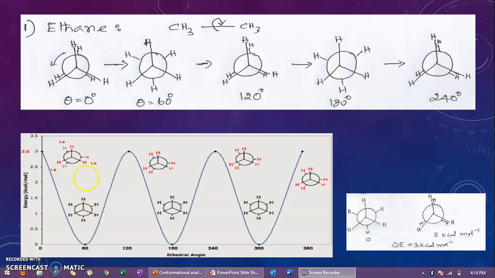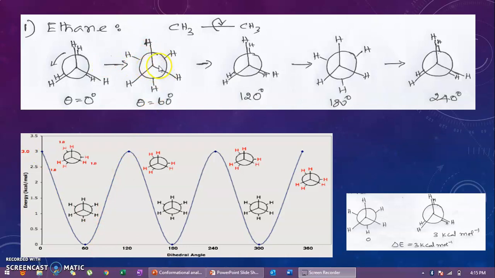The potential energy diagram for ethane molecule is given here. When the dihedral angle is 0 degree, we get the eclipsed conformation. For the eclipsed conformation, the approximate energy is 3 kilocalorie per mole. Then at 60 degree angle, we get the staggered conformation.